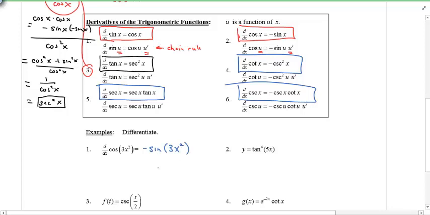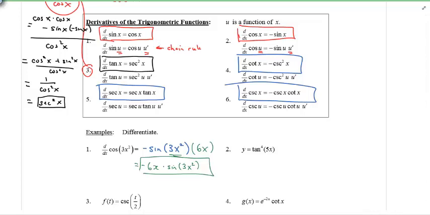And because this is a function within a function, we need to add on that hook-on value, the u prime. The derivative of 3x squared is 6x. If you want to write this nicer, most of the time math people will put the 6x in front. So negative 6x times sine of 3x squared. Done.